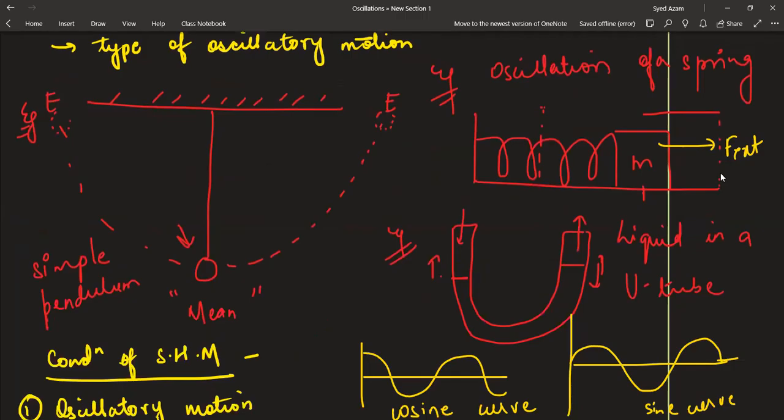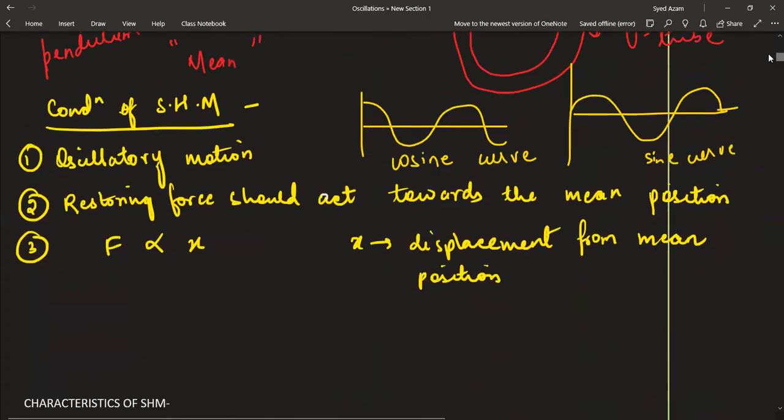System and surroundings we have studied many times in this session. Now, if I have pulled it and I have stopped it, why is it going backwards? Why is it coming towards the mean position? Because there's always a restoring force that develops. In oscillation, in SHM, remember, simple harmonic motion, there is always a restoring force that is developed.